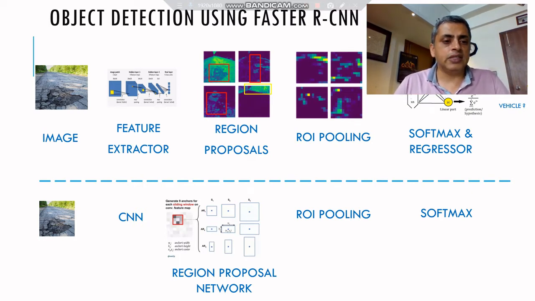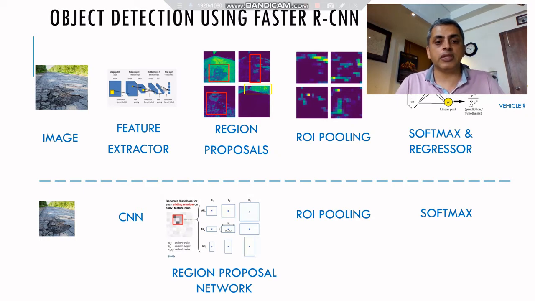So you start off with the image, and then the feature extractor, which again is a CNN, just like in the other networks. Then one of the greatest additions here was something called the region proposal network, which was used in place of the selective search algorithm.